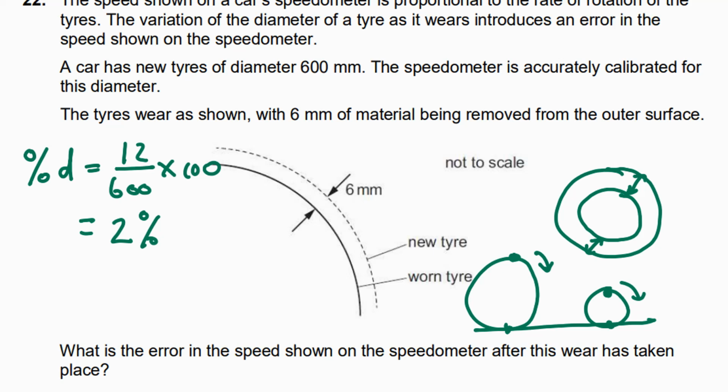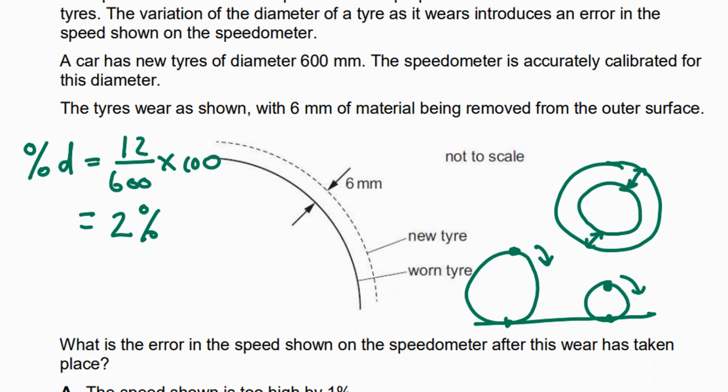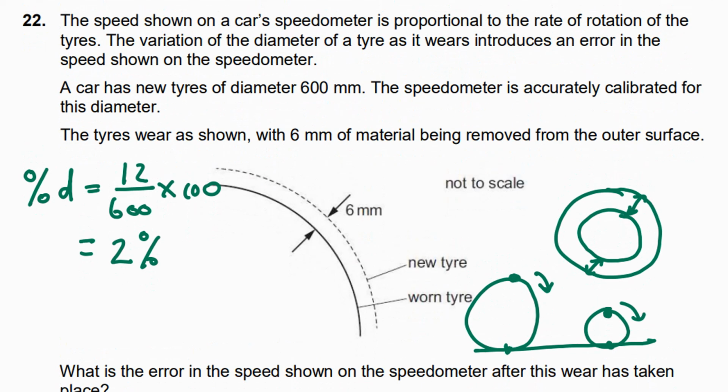Now, remember that we were told that the speed is proportional to the rate of rotation. So if the rate of rotation increases by 2%, that means that the speed given on the speedometer of the car will also increase by 2%. However, the speedometer is calibrated for a diameter of 600 millimeters.